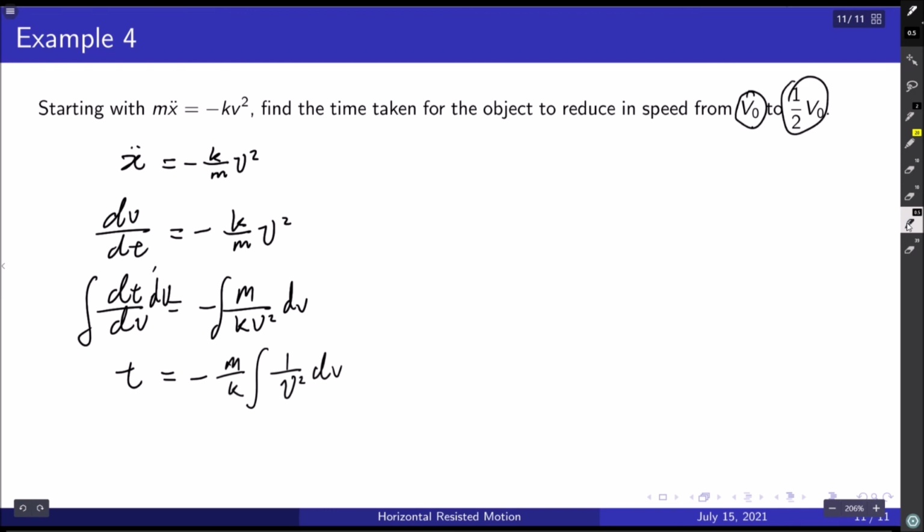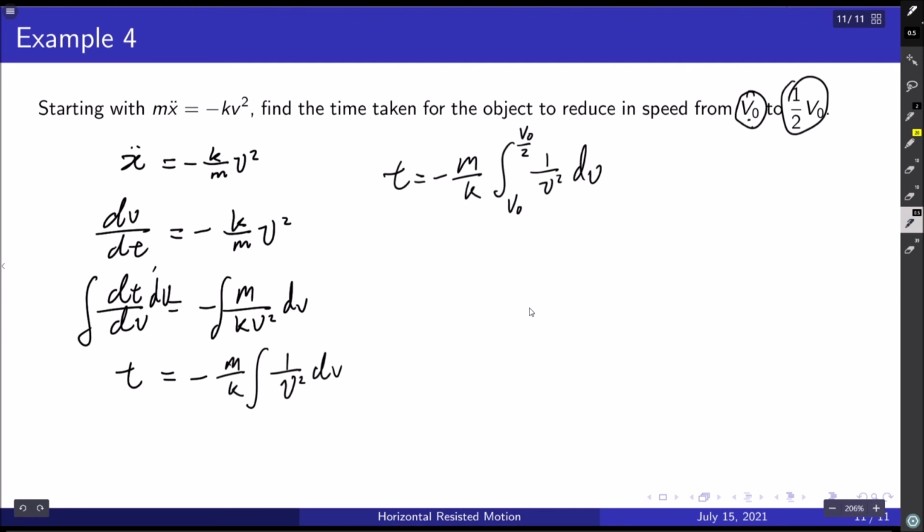You can see that this is the lower bound and this is the upper bound, so we can treat it like a definite integral. So we can write t equals negative m over k, integral from v0 to v0 over 2 of 1 over v squared dv.